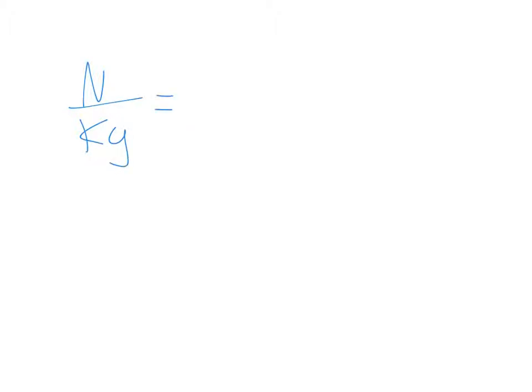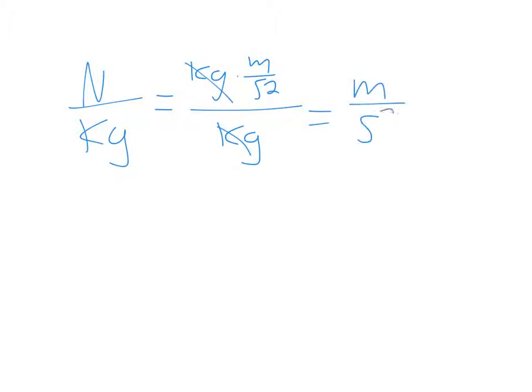When we get to Newton's second law, we'll see that inside a newton, so if you were to look at the units that make up a newton, you have a kilogram times the meter per second squared. So a newton divided by a kilogram, the kilograms cancel, leave you with meters per second squared. So the number's the same, it's representing the same thing, how much Earth is pulling down.